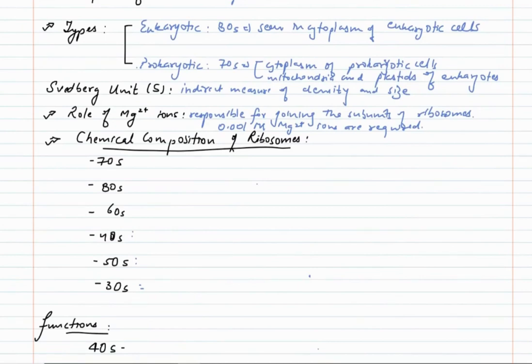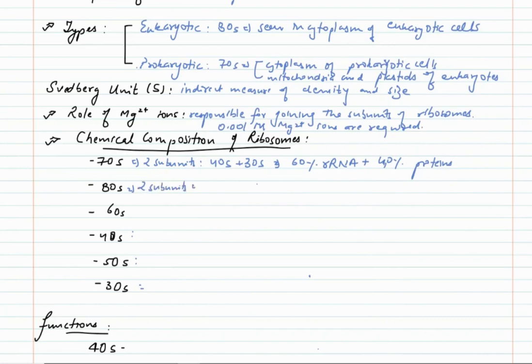Now talking about the chemical composition of ribosomes, the 70S ribosomes are made up of two subunits, that is 50S plus 30S, and the 70S ribosome is 60% ribosomal RNA plus 40% proteins.